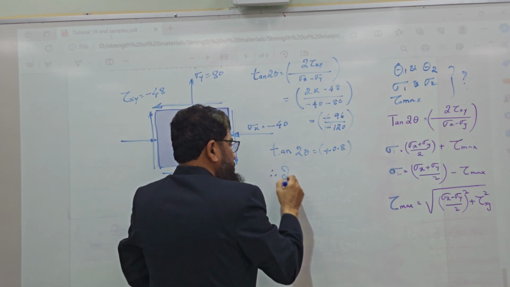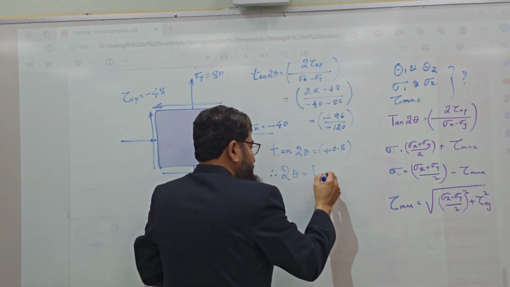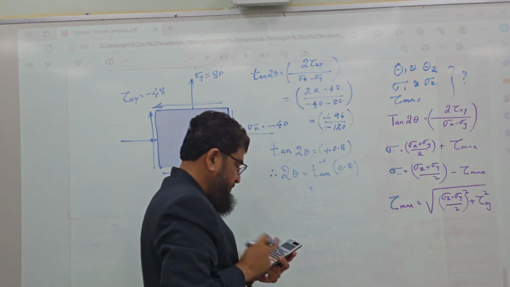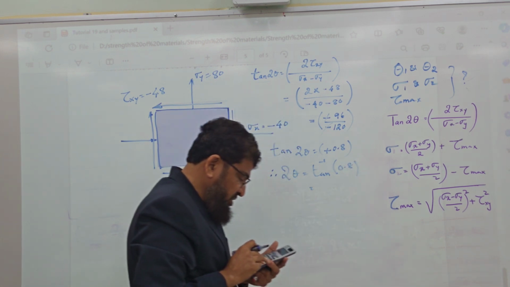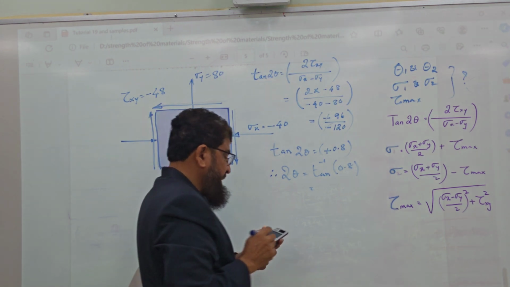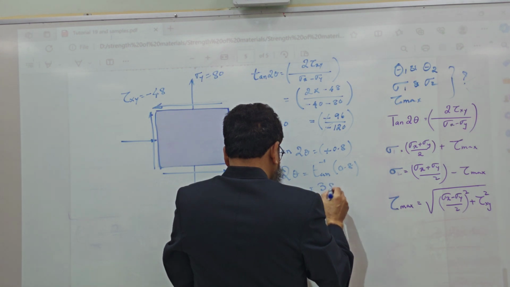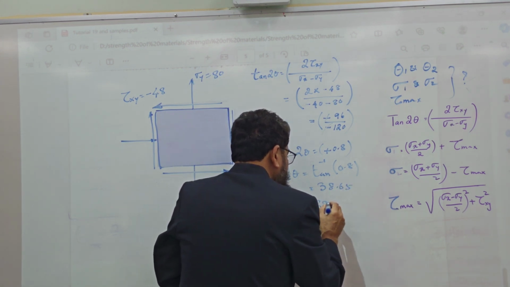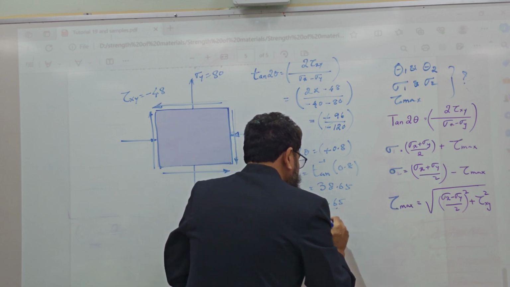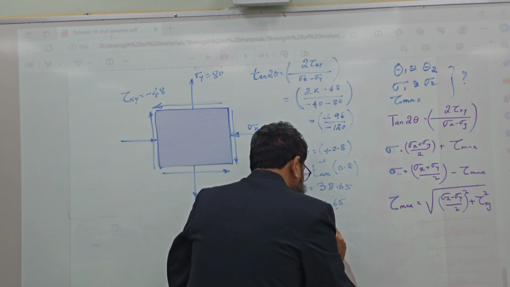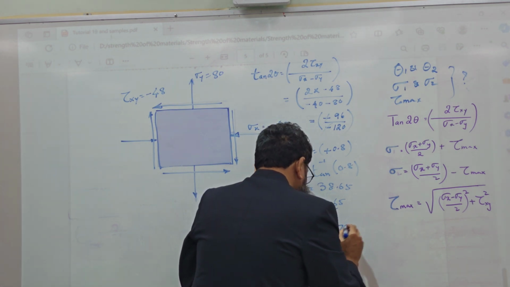Therefore, 2 theta is equal to tan inverse of 0.8. Shift tan inverse of the answer gives me 38.65. Theta is equal to 38.65 divided by 2, which becomes 19.33 degrees.